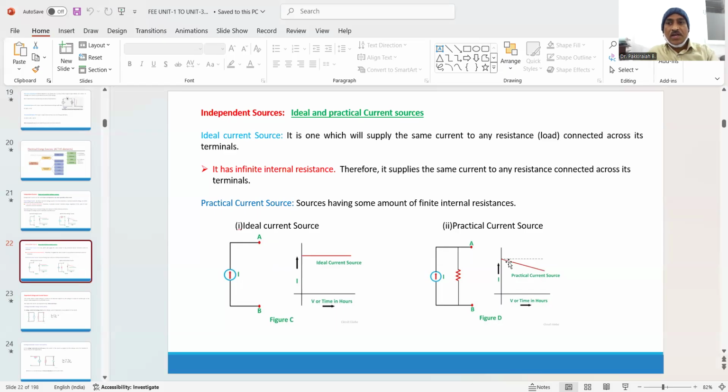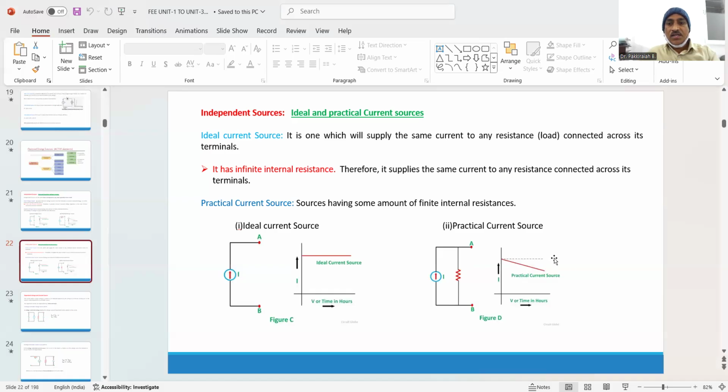In the case of the practical source, a shunt resistance appears here. Due to the presence of this shunt resistance, the current deviation is also taken into consideration.